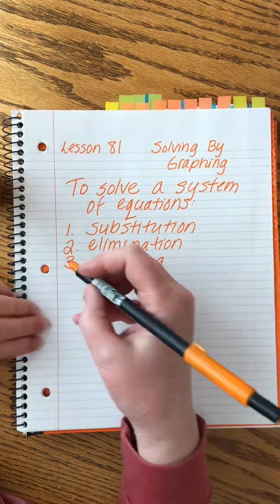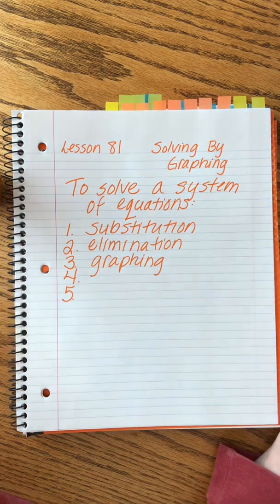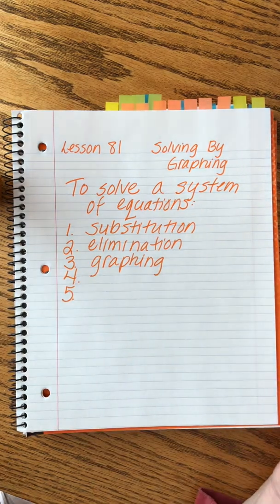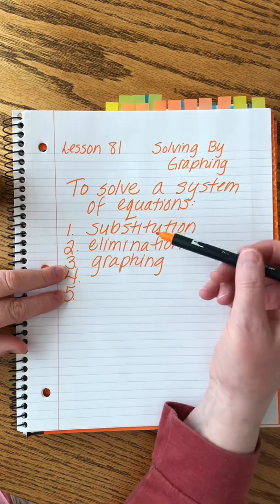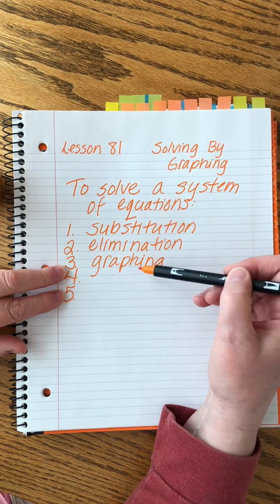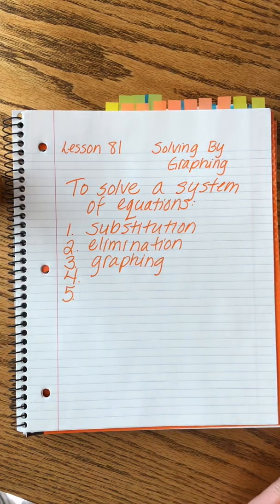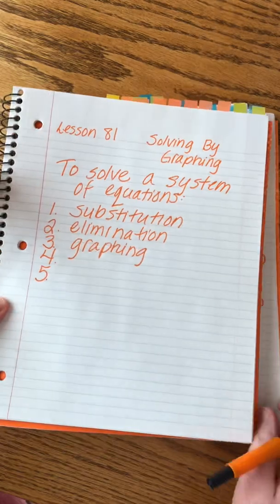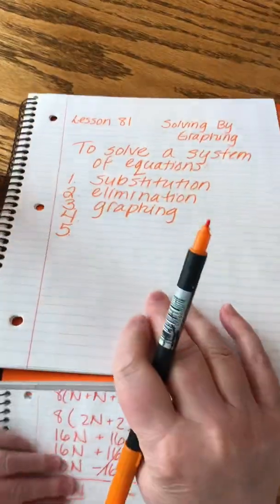When you get to advanced mathematics, the final year of high school mathematics that John provides, we will learn two more methods. But for this year, substitution, elimination, and now graphing is what we will cover.